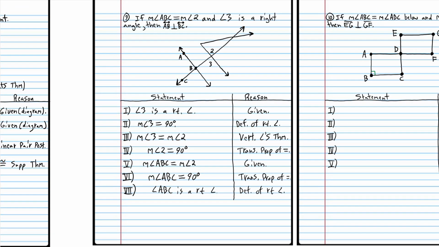Now, if ABC is a right angle, then by definition, remember that's the definition of perpendicular, AB must be perpendicular to BC. And remember, this is the symbol for perpendicular. And that is the definition of perpendicular lines.